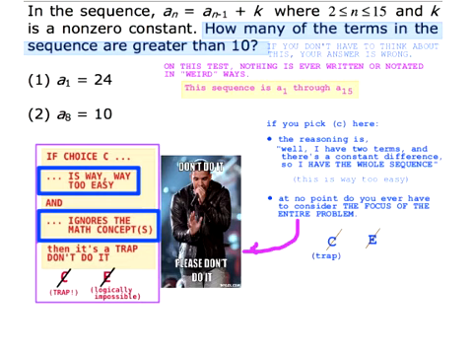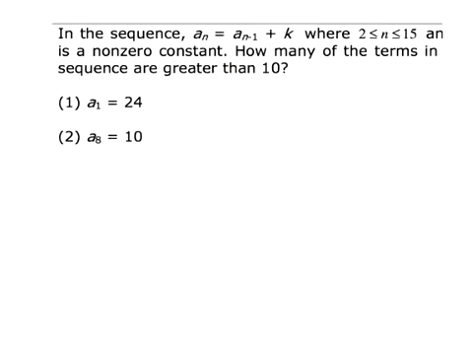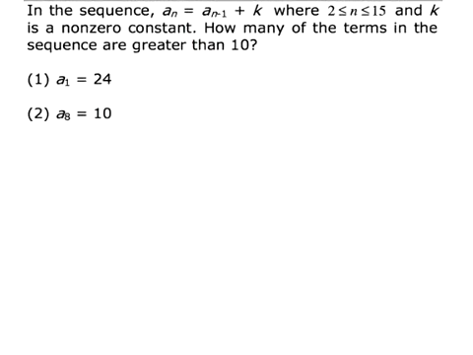Whenever it's a C trap, it will be a very juicy, delicious-looking trap. E is not even logically possible, because E would mean that even if I had the whole sequence, I somehow still could not answer this. Well, of course I could. Okay, so don't pick C and don't pick E.